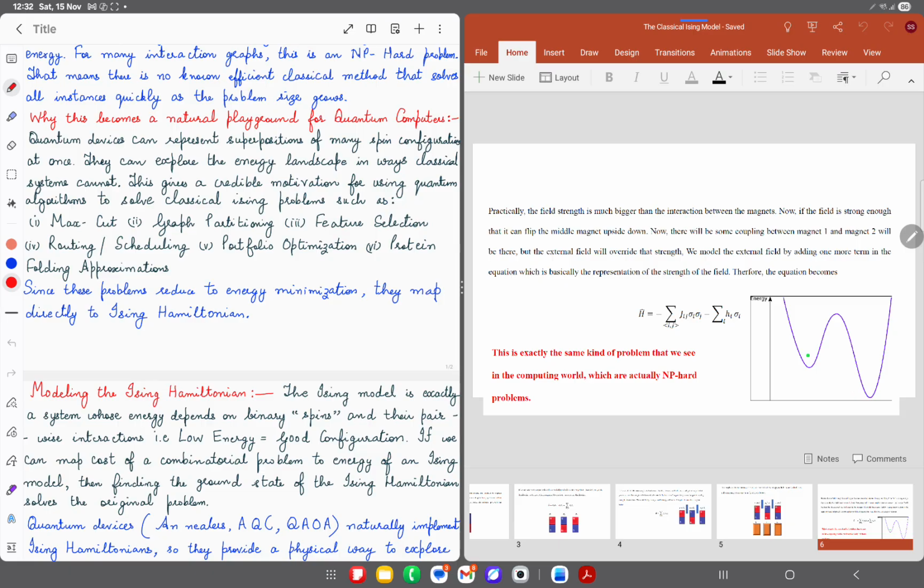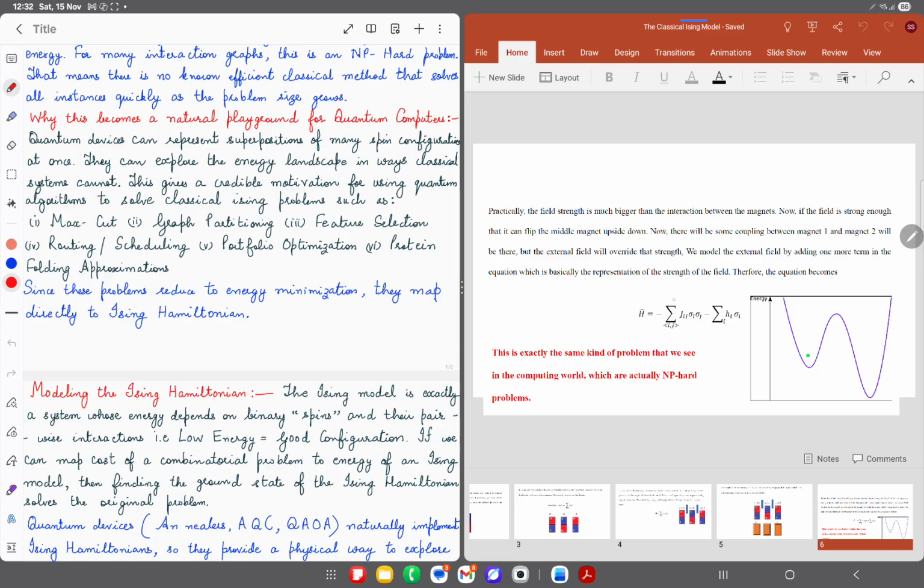So that's the advantage of the negative sign. Actually, the negative sign will take care of the overall situation, in which the idea is that the system should end up with the minimum energy state, right?